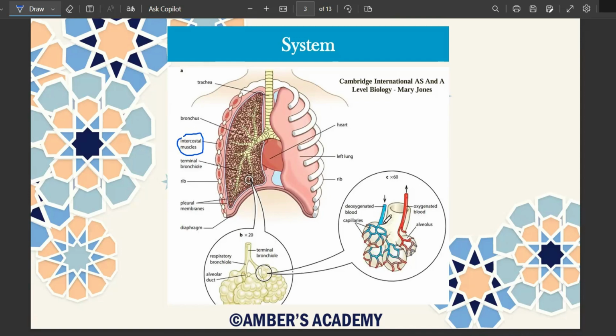We get deoxygenated blood from our body through pulmonary circulation, and then our deoxygenated blood gets oxygenated, and the blood is returned back to the heart for systemic circulation to take place.